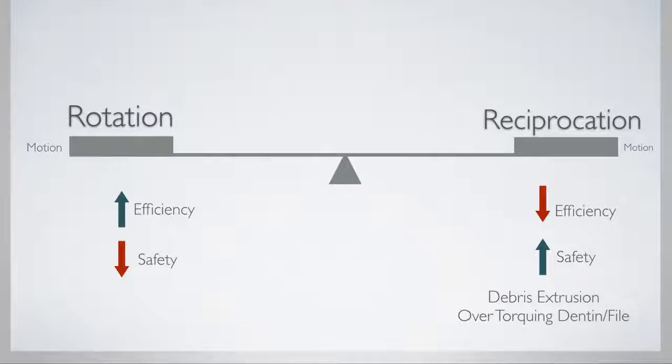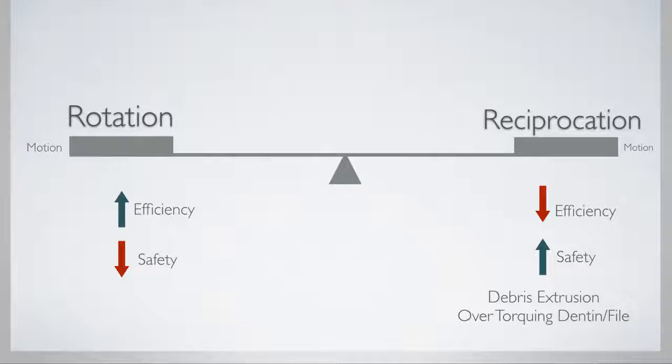I mean, we would think, well, wait a minute, a loss of efficiency may not be as big a deal to many people, but there are other problems that are specifically a function of reciprocation, and more precisely, the modern version of the reciprocation, which is single file reciprocation.